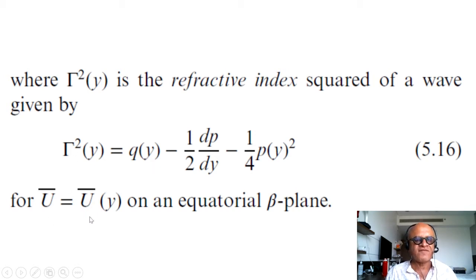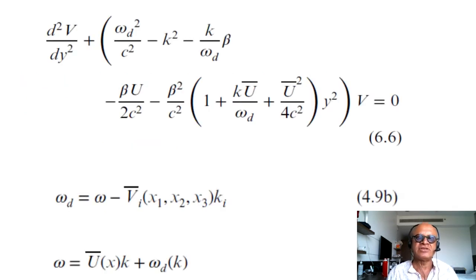It's a square of the refractive index, and u equals u bar y, we are dealing with an equatorial beta plane. We already looked at the error we make with this assumption as we go further off, but there are many details involved there that we are not going to look at.